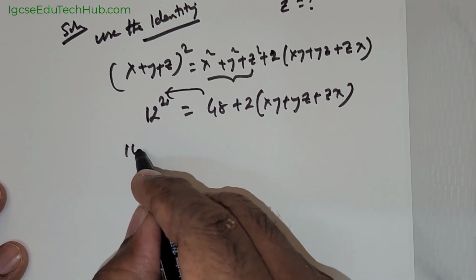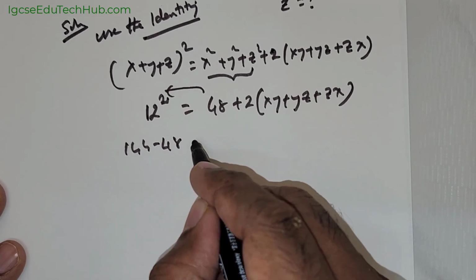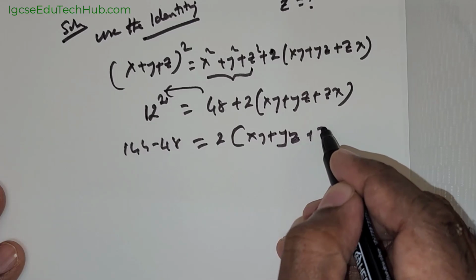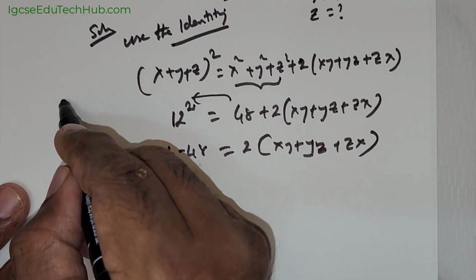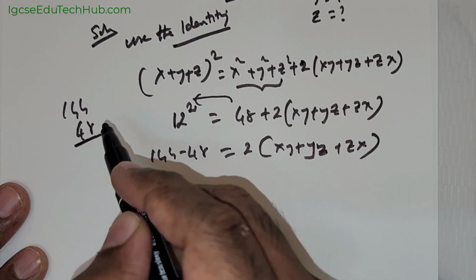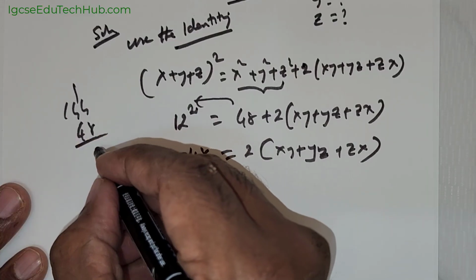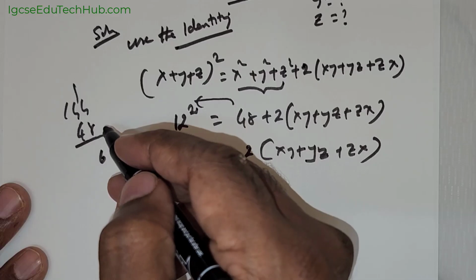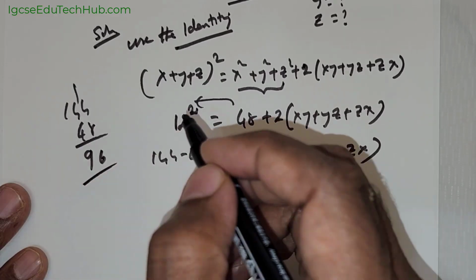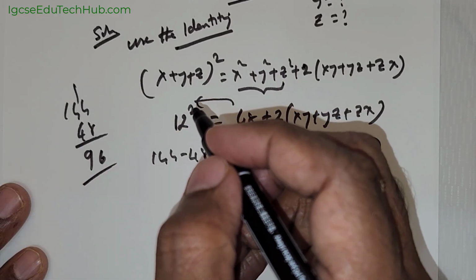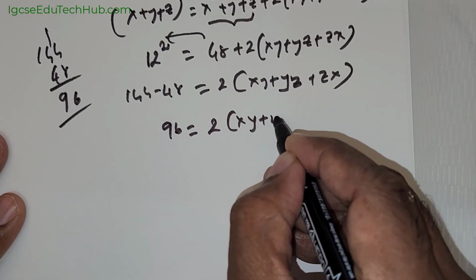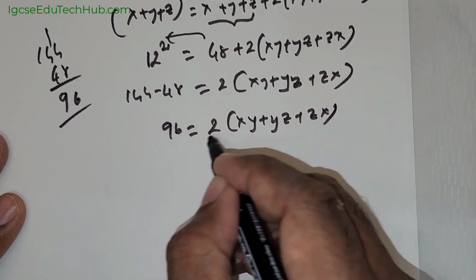Move this to the other side, you get 144 - 48 is equal to 2 times (xy + yz + zx). Now from 144 you take 48 out. This will give you 96. So 96 is equal to 2 times (xy + yz + zx).